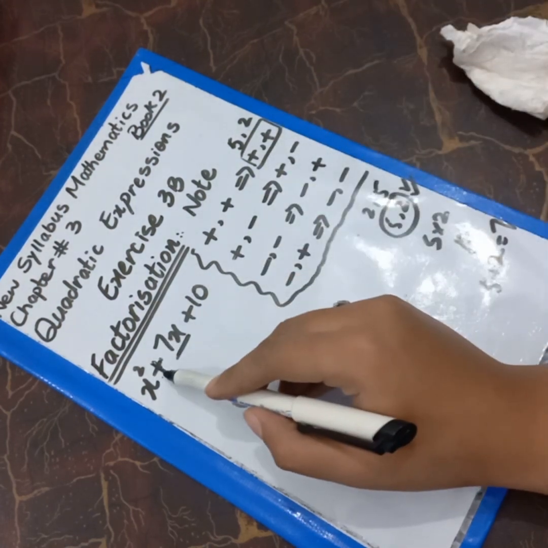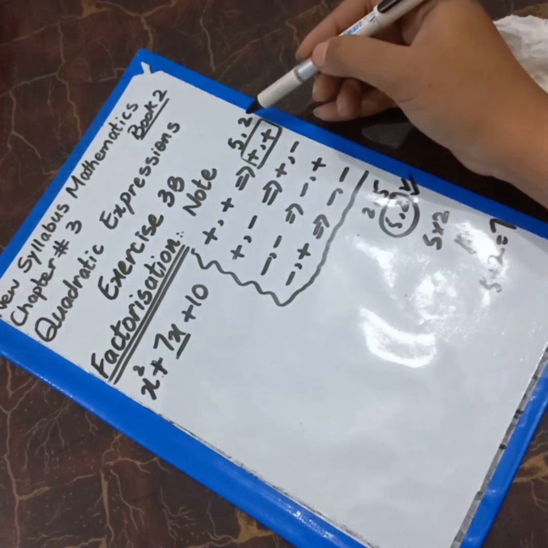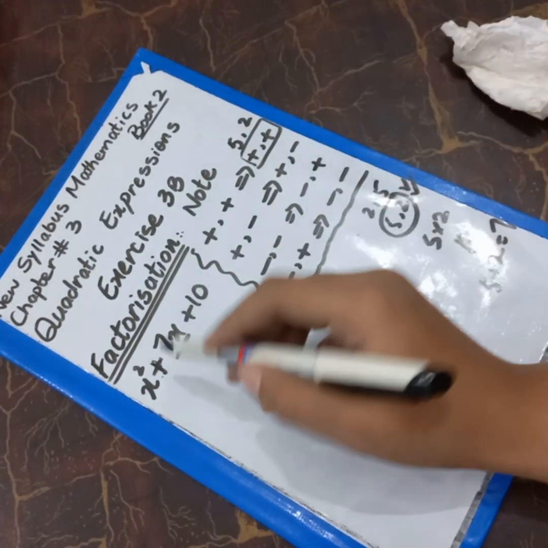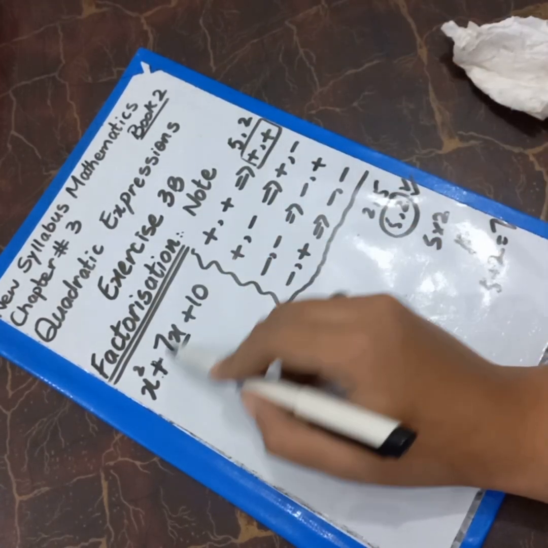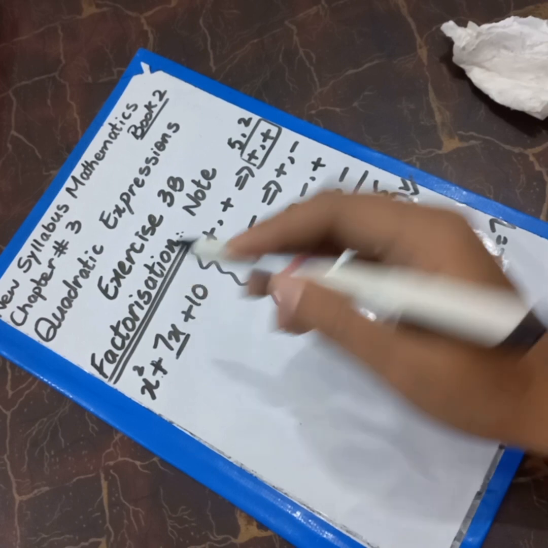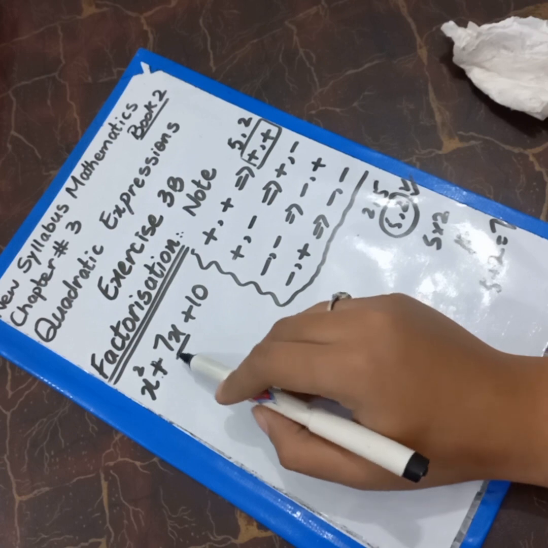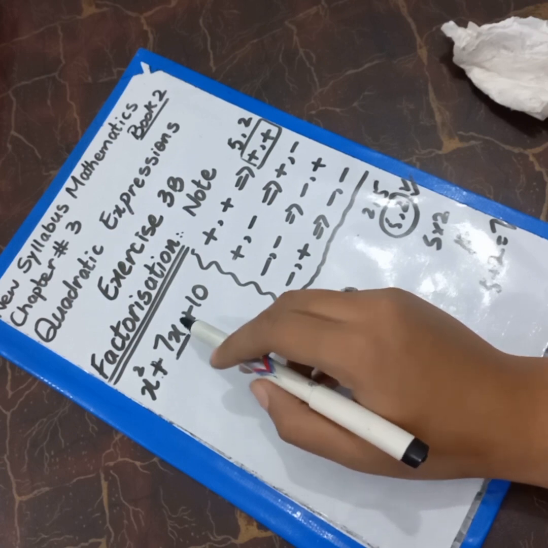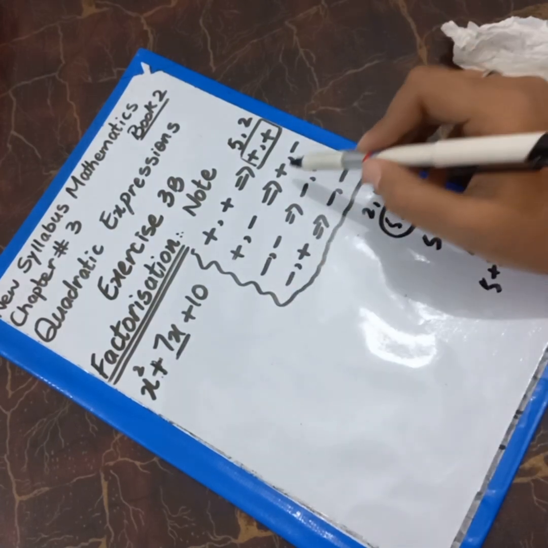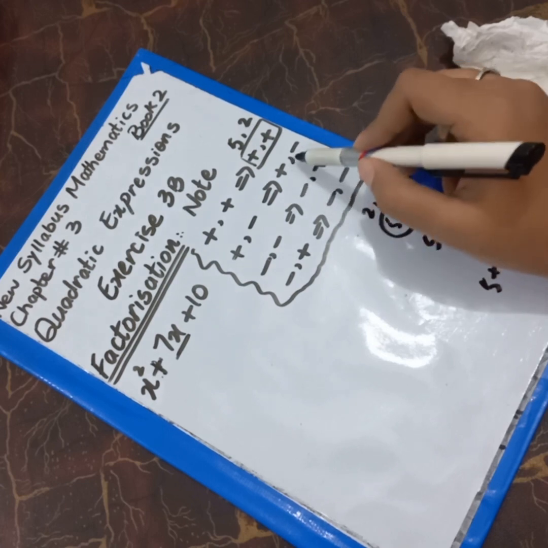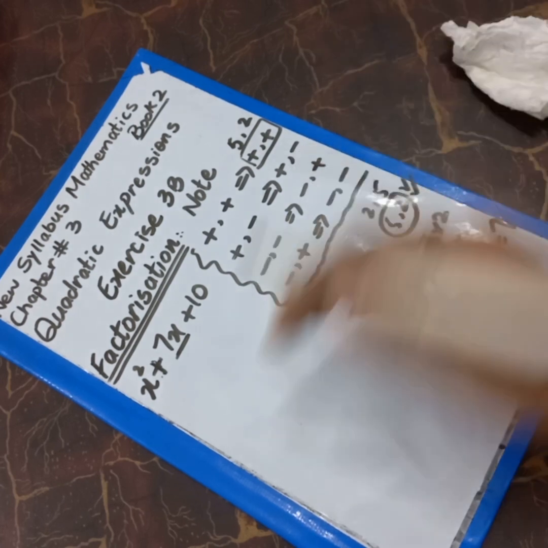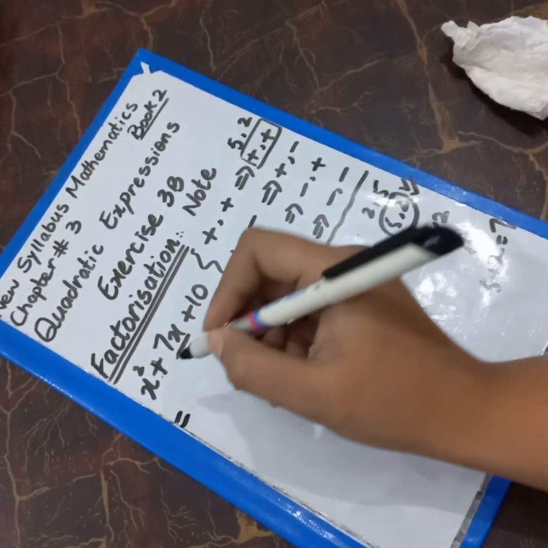If in the question it is positive positive, then with that pair you will use positive positive. For example, let's say if in the question it is plus minus, then with that pair which you will use to split this number into two parts, this pair will be used. So let's start. How you will write this pair now.